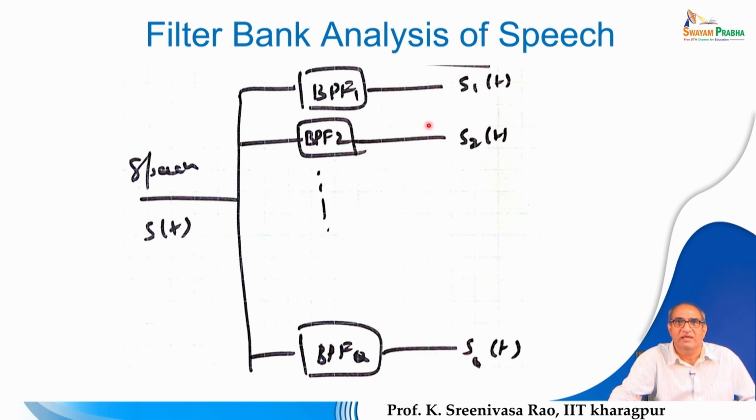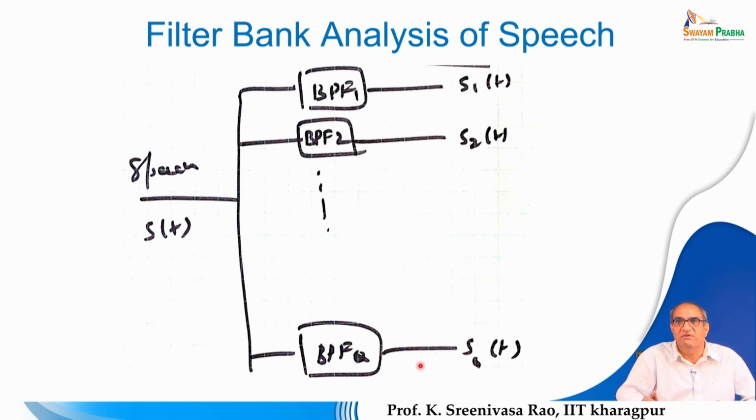So, if you pass the speech signal through a set of filters and analyze the energy content in the outcome of each channel, and concatenate the energies offered by the various filters, you can view this as a feature vector.